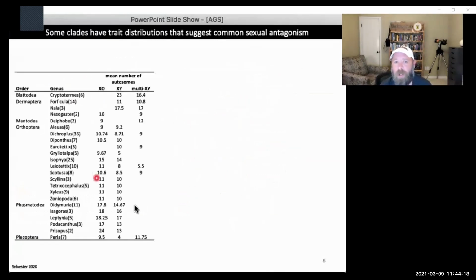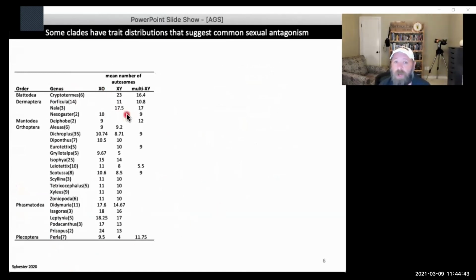We first went to Polyneoptera. This is a group that includes roaches, Dermaptera, grasshoppers, mantids. And for every genus in this group that had species both with an XO and an XY, or an XY and a multi-XY system, we asked what's the mean autosome number in the species that have one or the other type of sex chromosome system.